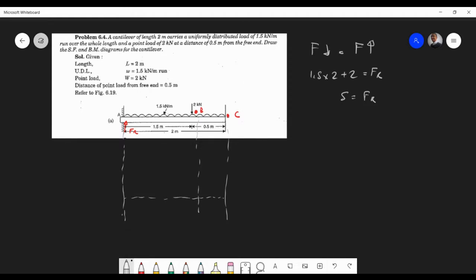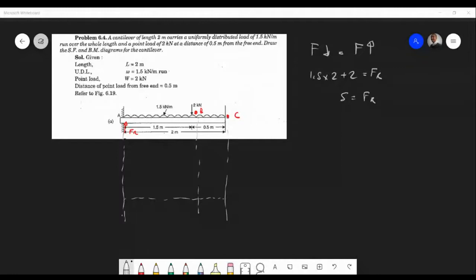Remember, we've got a UDL now, so the shear force diagram will be different compared to the other one. We're expecting something like this.